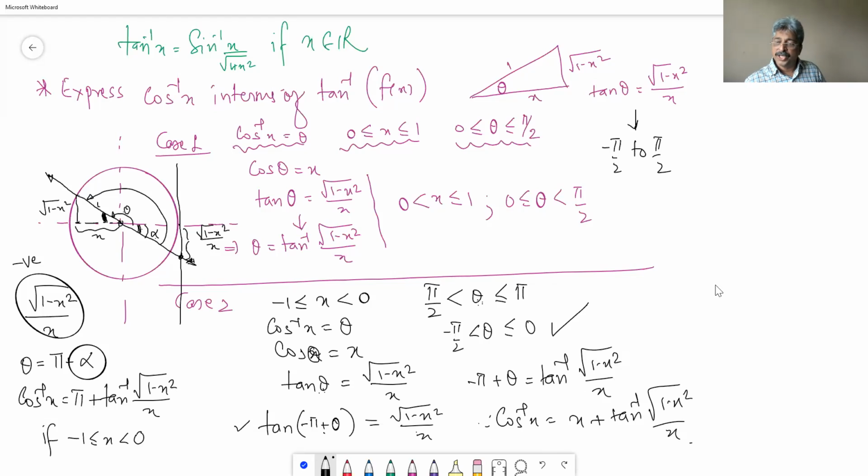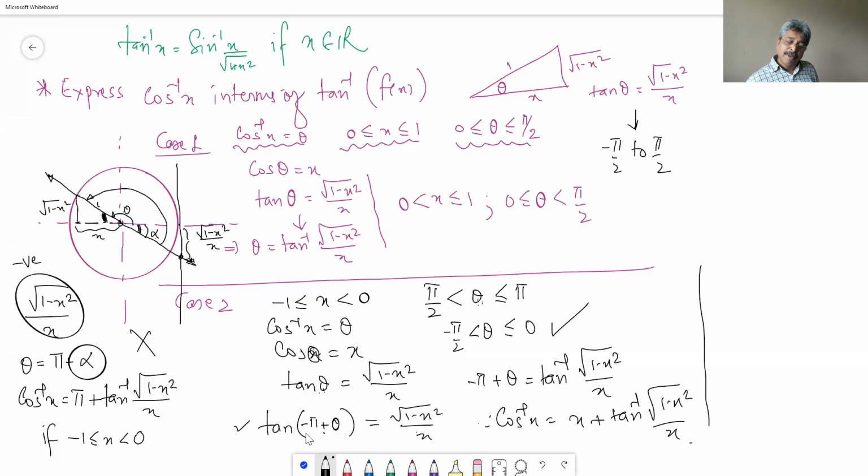Now let us do here and check. If this was pi plus theta, suppose we don't know this, and we do pi plus theta, what happens? It will take you somewhere else. It is not going to be in the range. Do you realize that this is not acceptable? Pi plus theta is going to take you further away from the desired range. So pi plus theta is not acceptable. Minus pi plus theta is not acceptable.